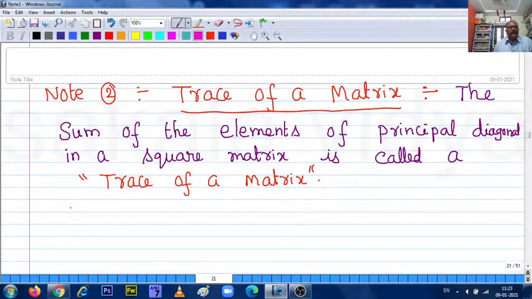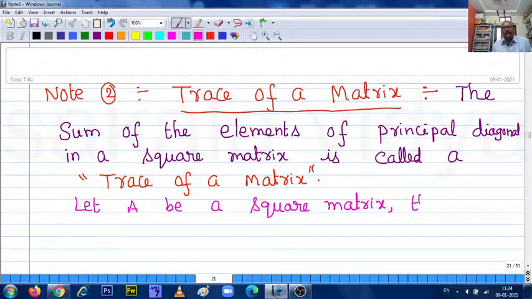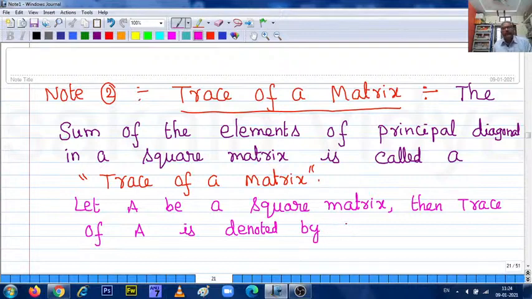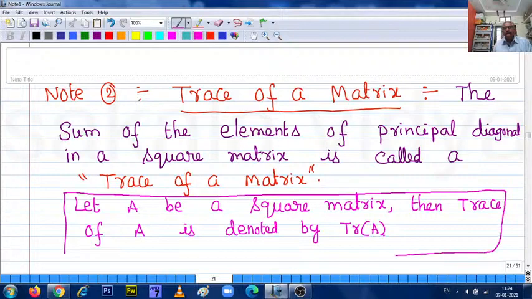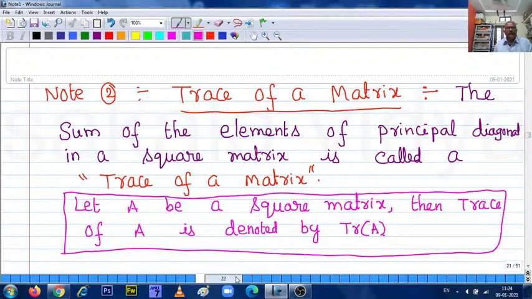So now let A be a square matrix. Then the trace of A is denoted by tr A. So let us discuss one example now.